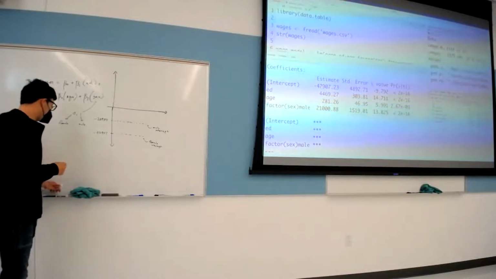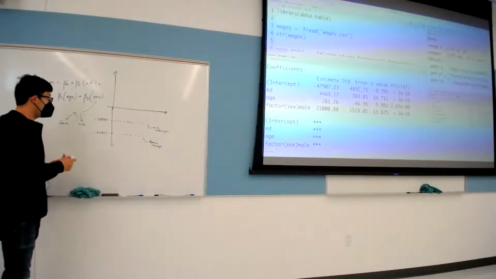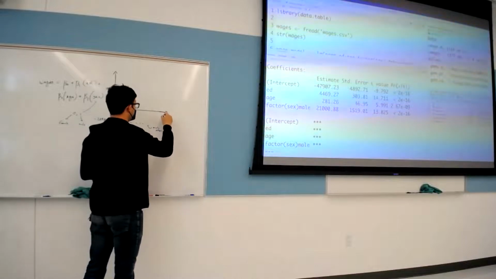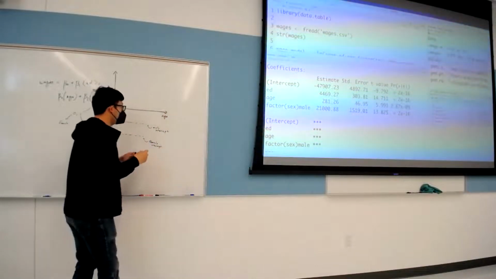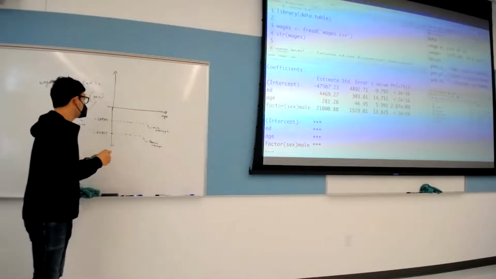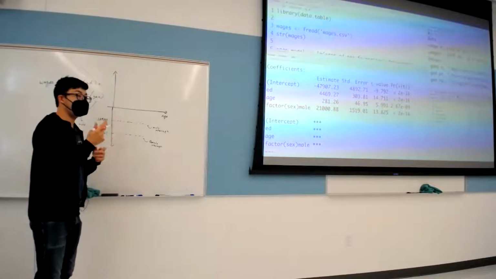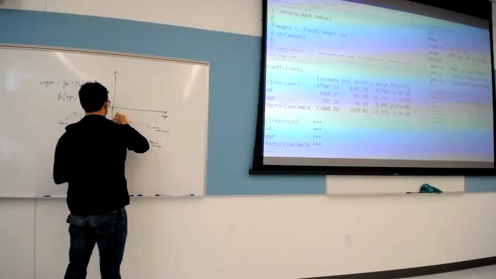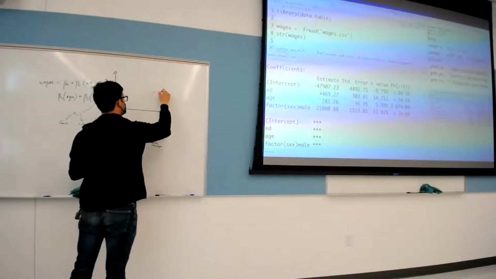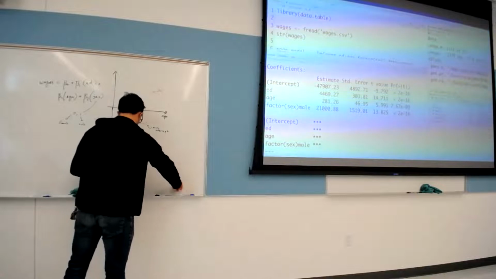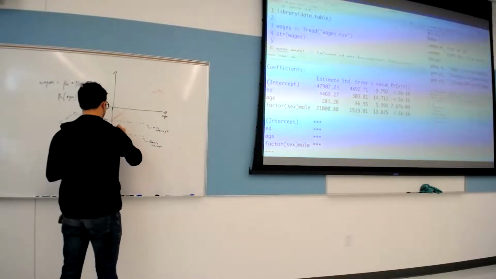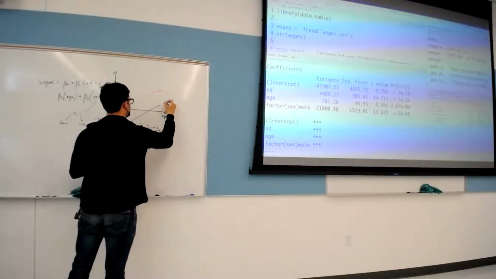And if I were to look at the effect of, for example, age on here, you would have two lines, one like this for males, and one like this for females.